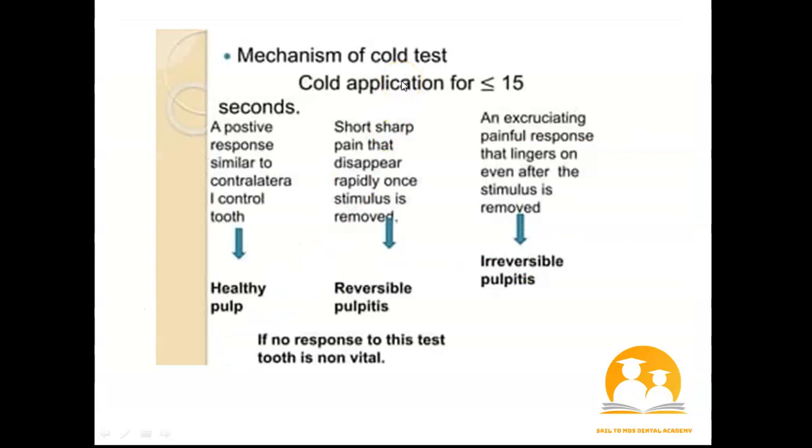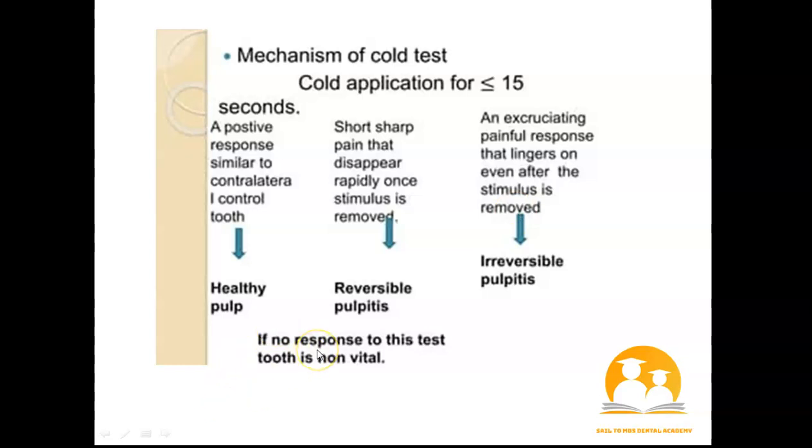Why do we mostly go for the cold test? Because it is the most reliable compared to the other thermal tests. How to do the cold test? You have to apply the cotton pellet for less than 15 seconds. If you get a positive response similar to the contralateral control tooth, it's a healthy pulp. If there is a short sharp pain that disappears rapidly once you remove the stimulus, it is reversible pulpitis, and if the pain lingers, it is irreversible pulpitis.